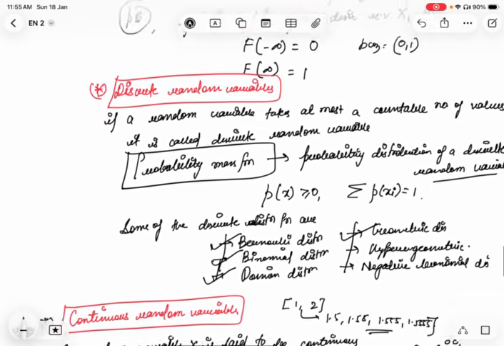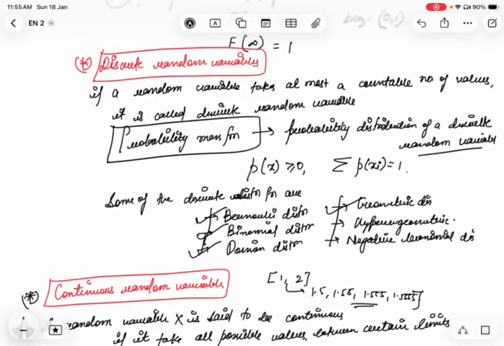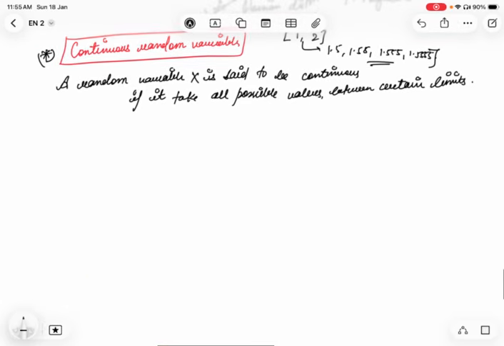Like in the discrete random variables, we have the probability mass function. Similarly, in the continuous random variable, we have the probability density function. Why do we call it density? Because it deals with the continuous variable.